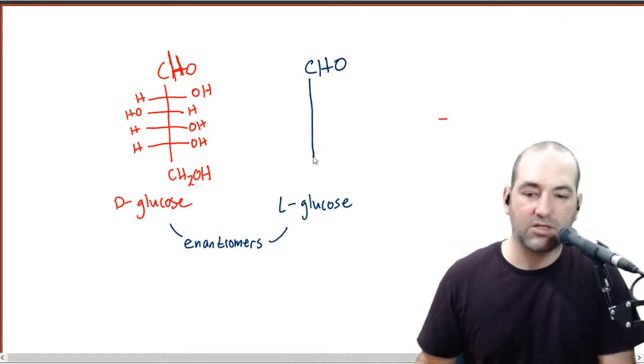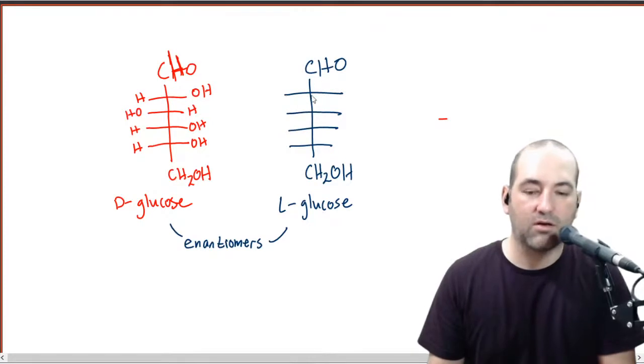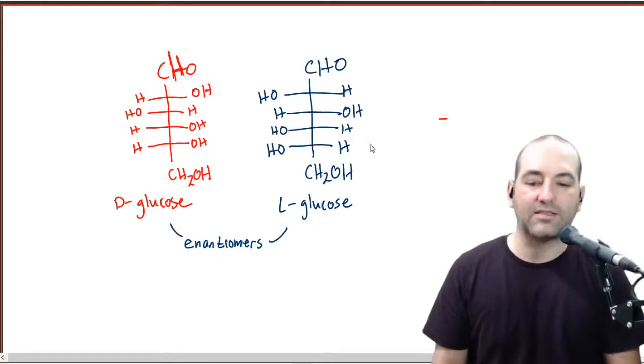We still have our CHO on top and our CH2OH on the bottom. But what happens with the L-glucose is all of the stereochemistry gets flipped. Notice how I'm drawing these in the exact opposite way to make the L sugar. So that's the enantiomer.